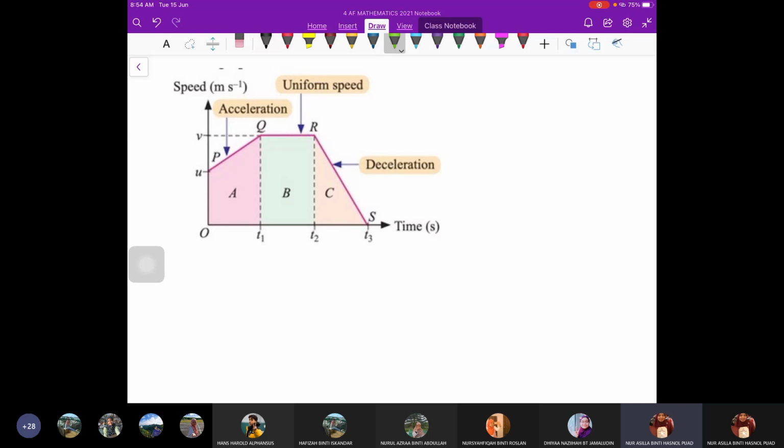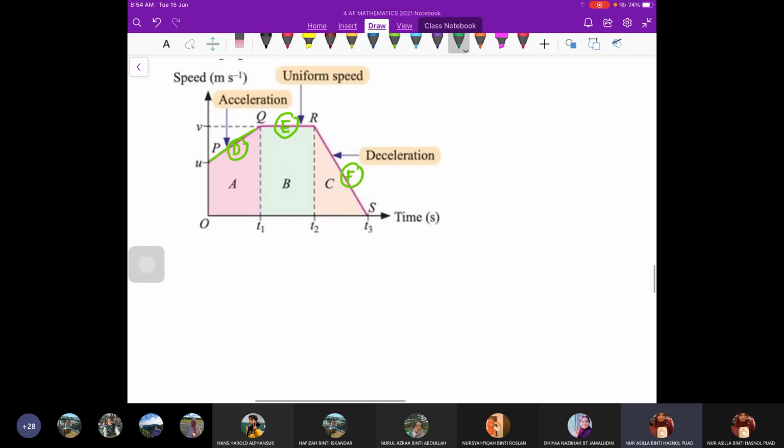Okay, bila increasing, saya label as D. Bila dia static, E. And then when it decrease, the label sebagai F. Okay, so we have D, E, F. Okay, so speed and time, dia tidak bagi kamu kat mana kamu bermula.